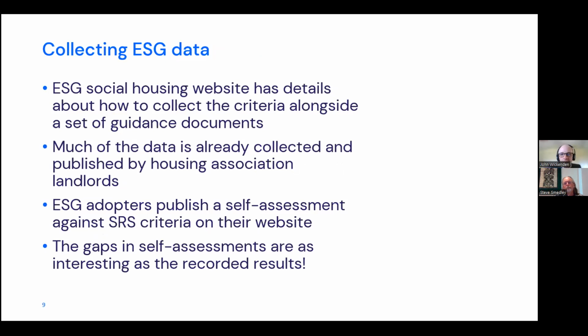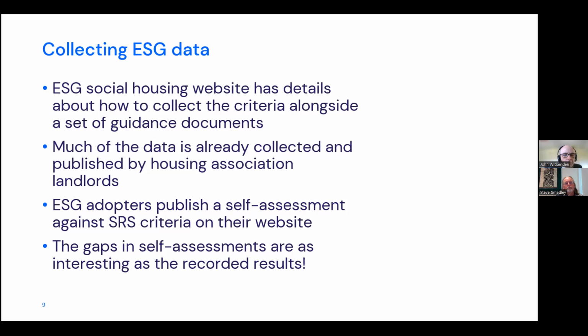This is something where we've adopted it from an external standardized publicly available source. So that's owned by the ESG in social housing group, and the criteria and documents are their intellectual property.